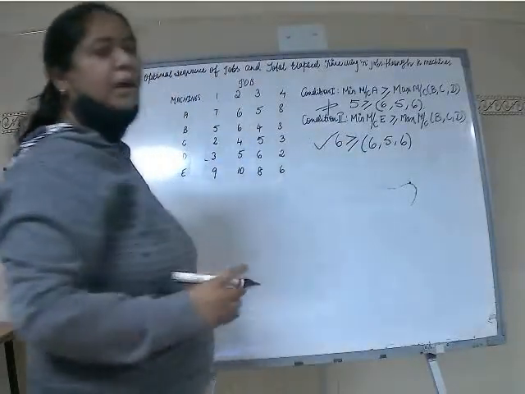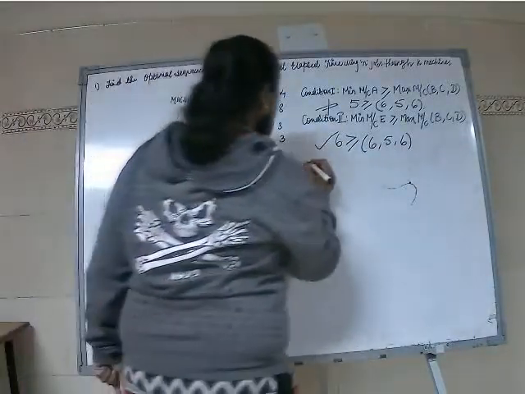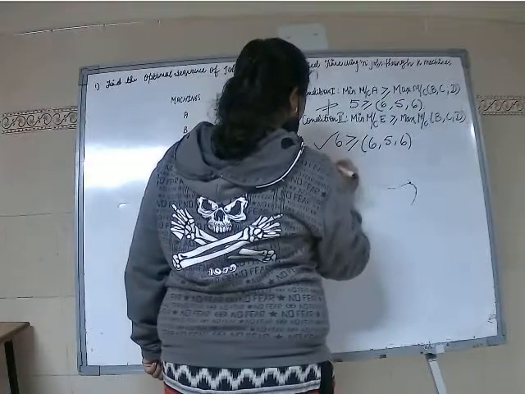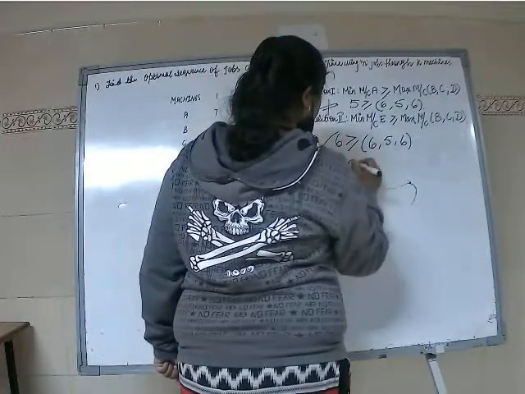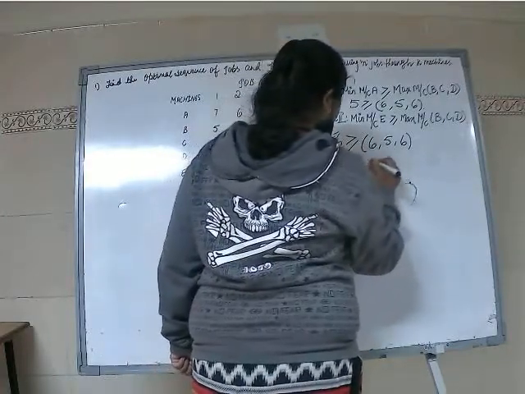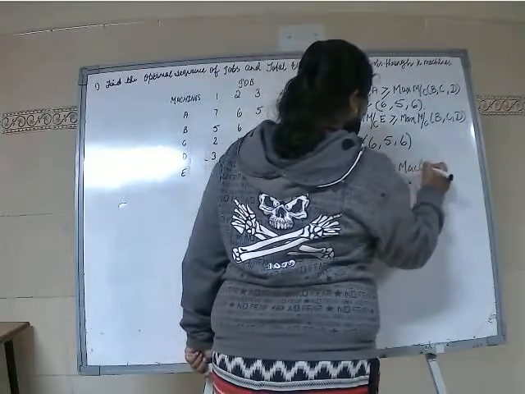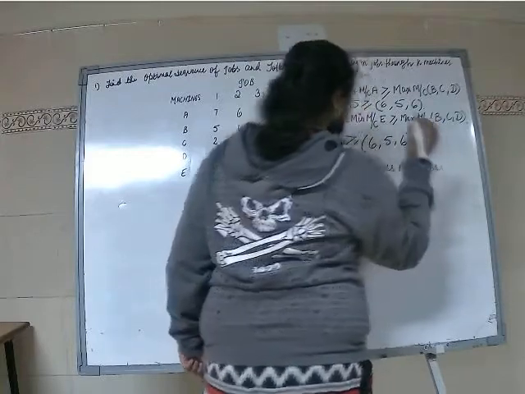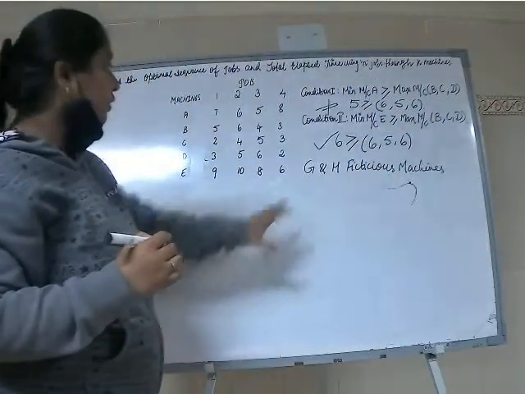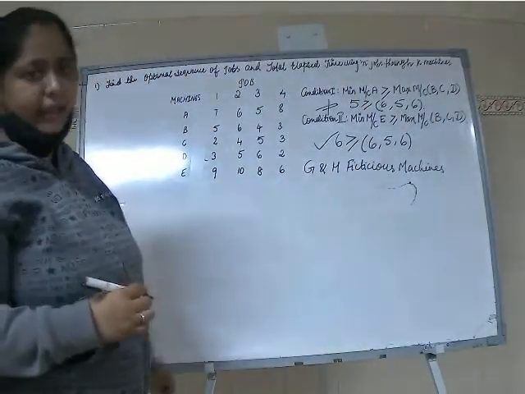So I am going to come up with 2 fictitious machines called G and H. Fictitious machines are otherwise called imaginary machines. Now, how do you calculate G and H?